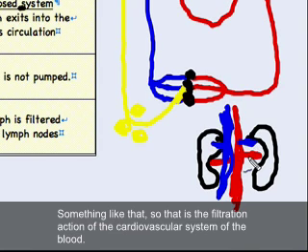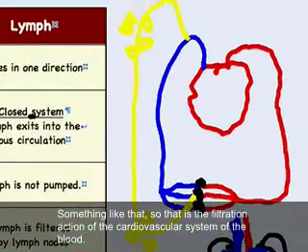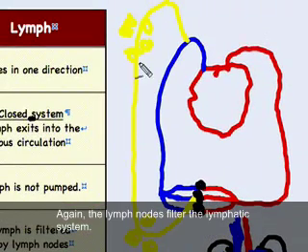Something like that. So that is the filtration action of the cardiovascular system of the blood. Again, the lymph nodes filter the lymphatic system.